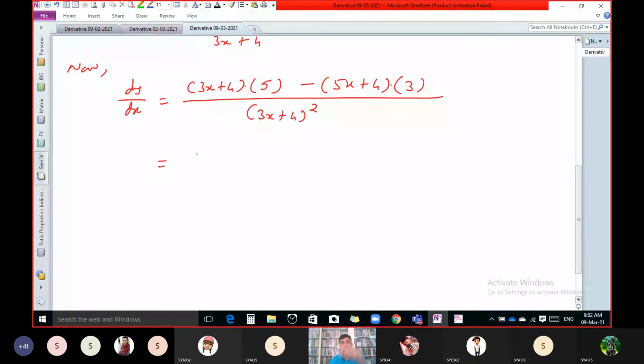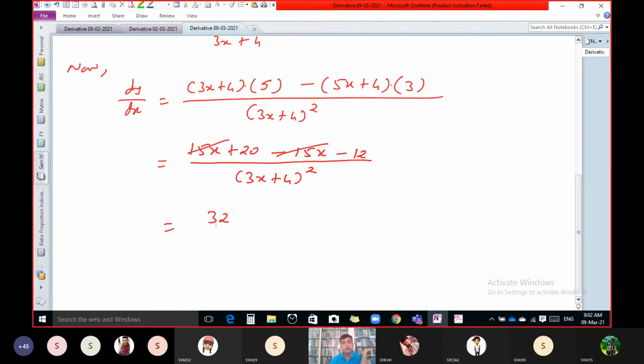Now simplify. So what do we get? 15x plus 20 minus 15x minus 12. Why minus 12? Because of this negative sign. Divided by 3x plus 4 the whole square. You can cancel 15x. So ultimately we get 32 upon 3x plus 4 the whole square.